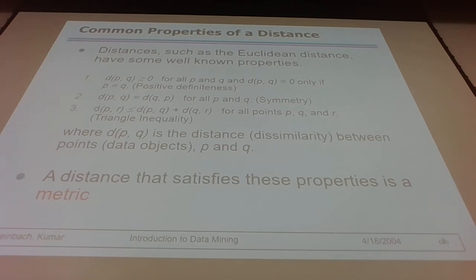So don't use the term metric in a loose way. People often ask, what is your accuracy metric? If I ask that, then it has to be a metric that has the three properties: positive definiteness, triangle inequality, and symmetry. Otherwise, it's not a metric.